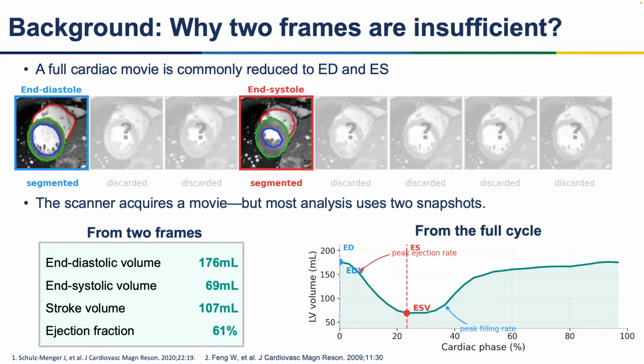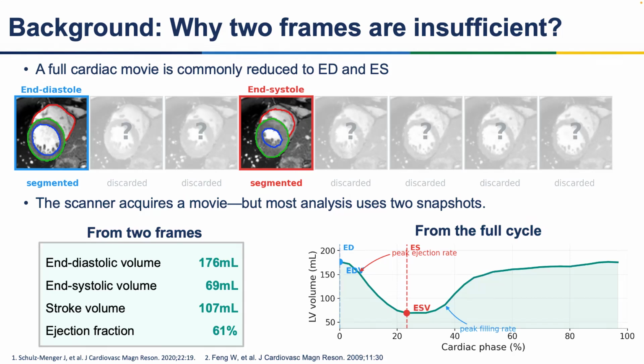However, the intermediate cardiac phases remain largely unused. With segmentation across the full cycle, we can recover continuous volume time curves and characterize dynamic ventricular emptying and filling. In other words, the scanner acquires a movie, but most analyses use only two snapshots.